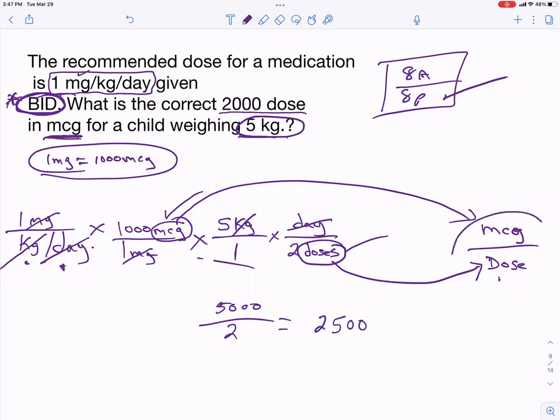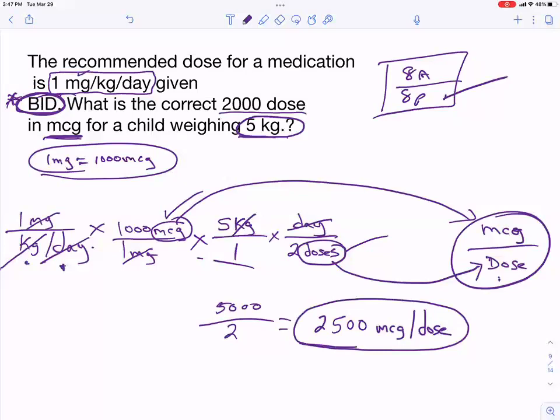And that is what? 2,500 micrograms per dose. So I'm going to give this little child 2,500 micrograms every dose at 8 a.m., 8 p.m. And that's how we figure out dose specific. But this is where you have to use your powers of memorization when it comes to your conversions.